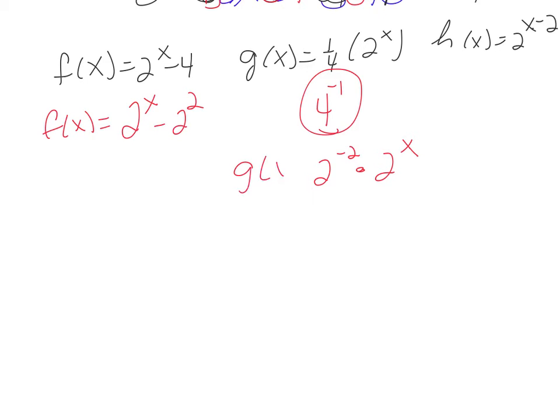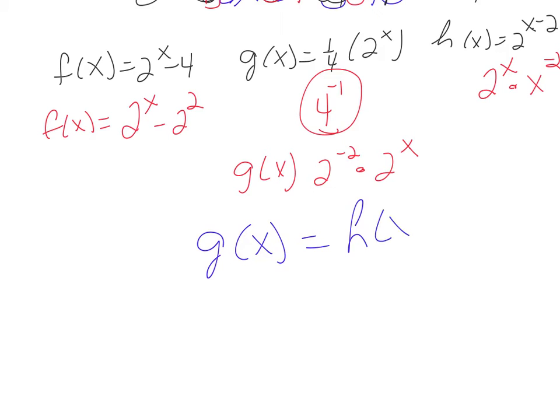And that's g of x. And h of x, I have 2 to the x minus 2, so this is 2 to the x times 2 to the negative 2 power. So it would be g and h are equal.